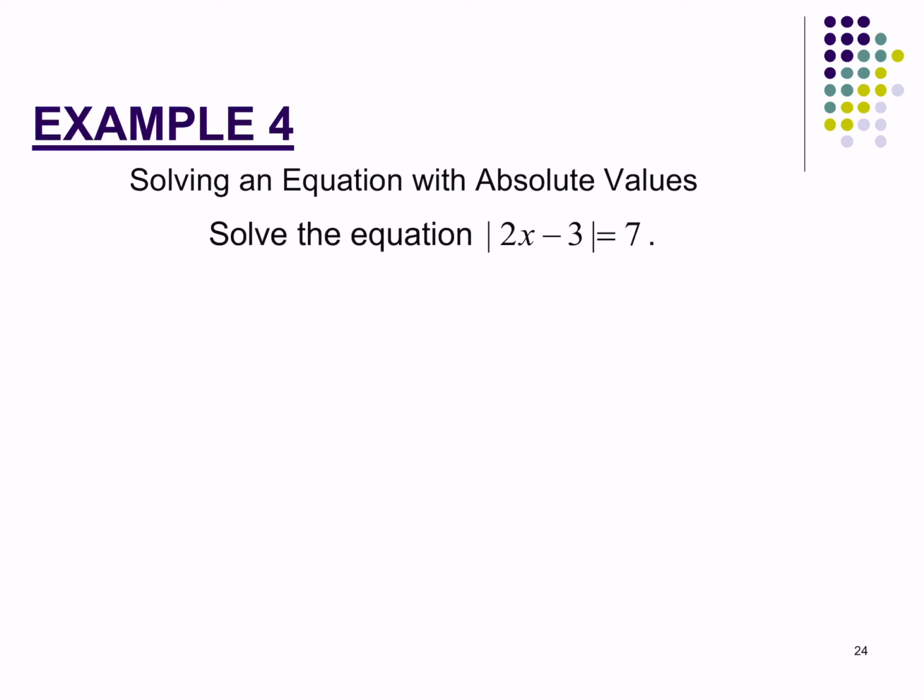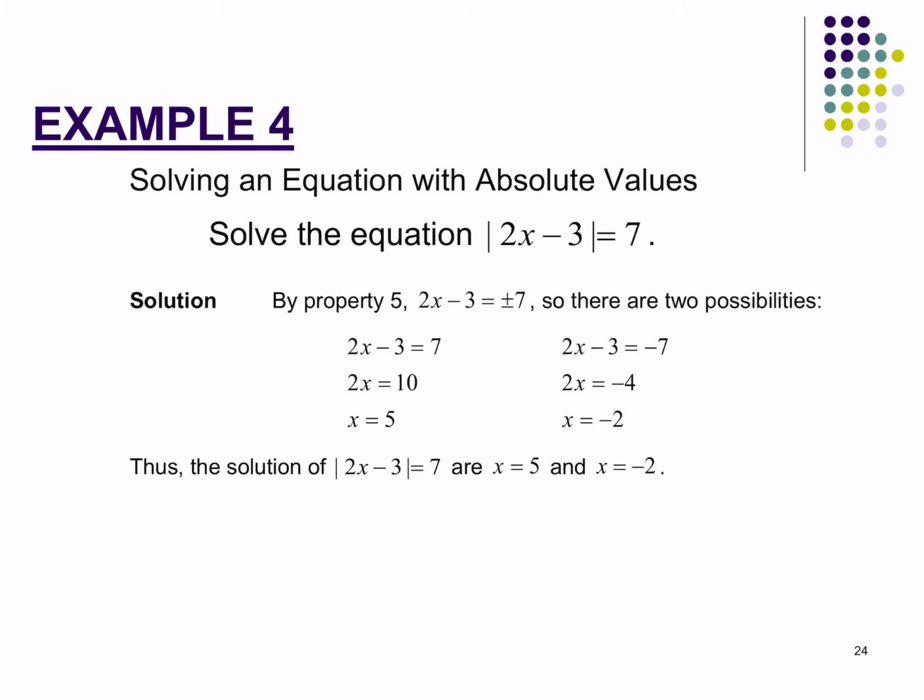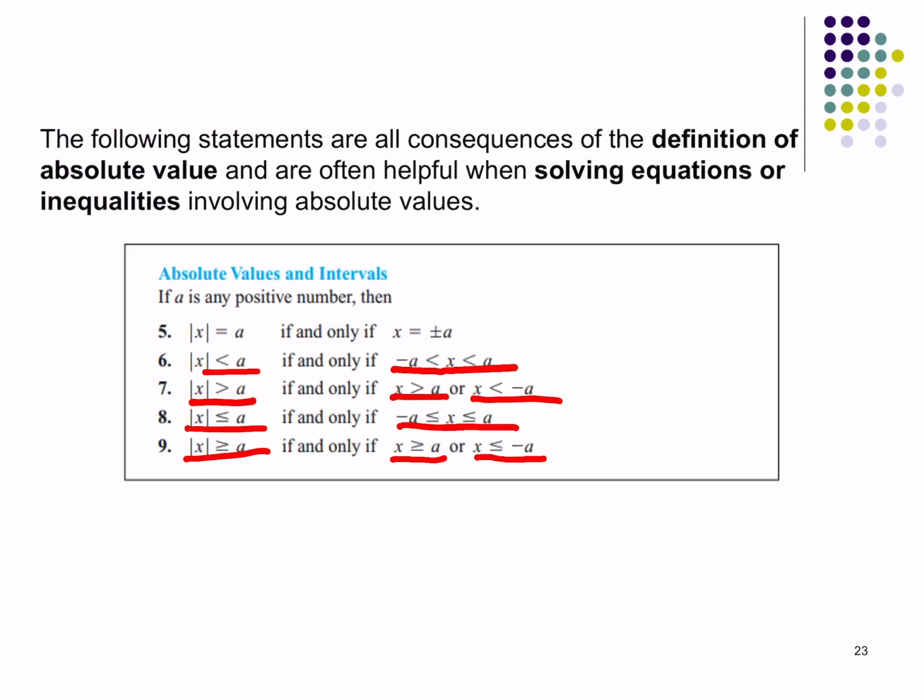In this example, I ask you to solve the equation with the absolute value. So you have to solve the equation, the absolute value of 2x minus 3 equivalent to 7. In this case, if you go back to the previous slide, you can apply rule number 5, which is the absolute value of x is equivalent to plus or minus a.